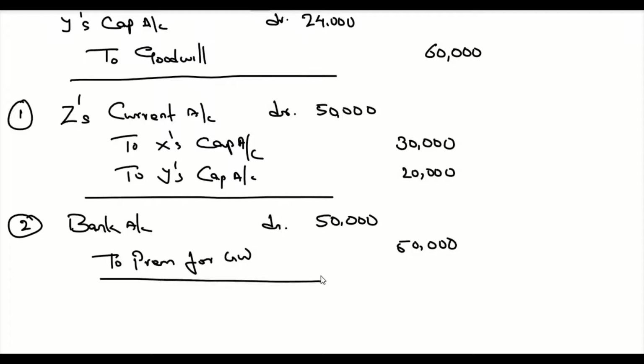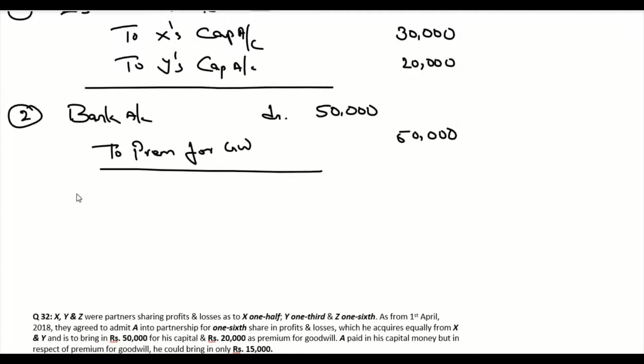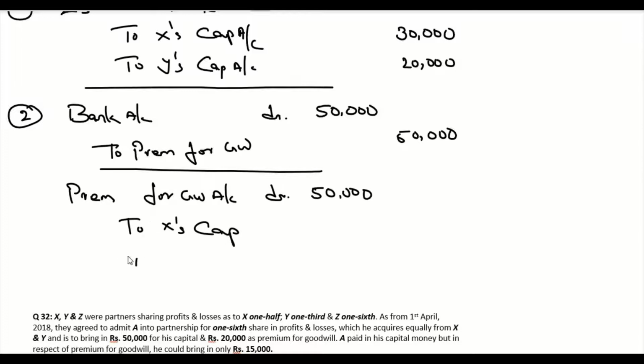This premium for goodwill will be credited to the old partners' capital accounts in the sacrificing ratio. So premium for goodwill account debit 50,000 to X capital, to Y's capital. That is going to be 30,000 and 20,000.